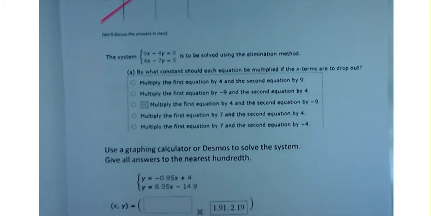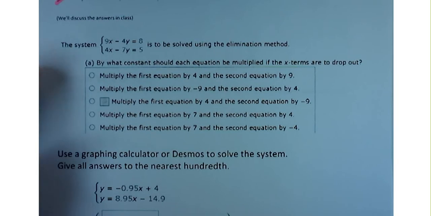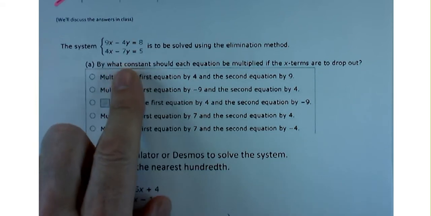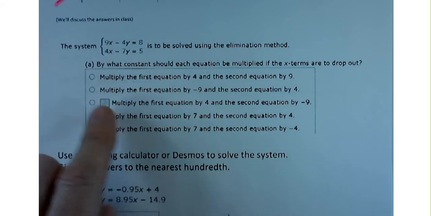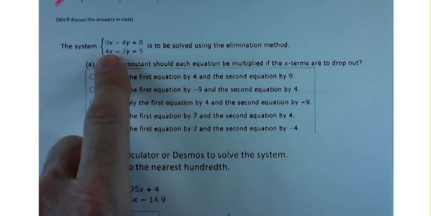Not that it's going to be part of a quiz type question, but if you were to solve this problem with the addition method, they call it the elimination method, though I'm not really happy with that term. One way you could do it to get rid of the x's would be to multiply the first equation by 4.